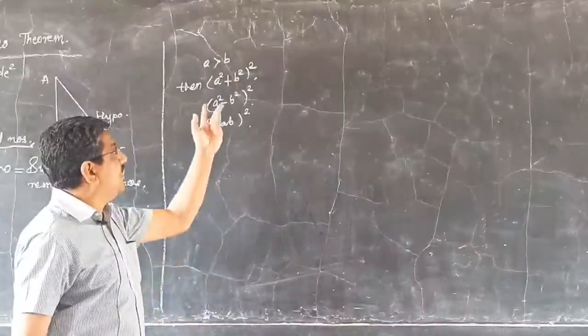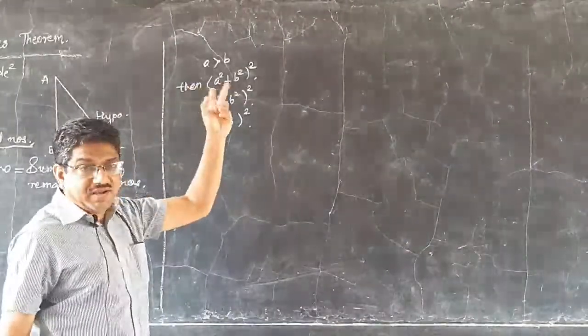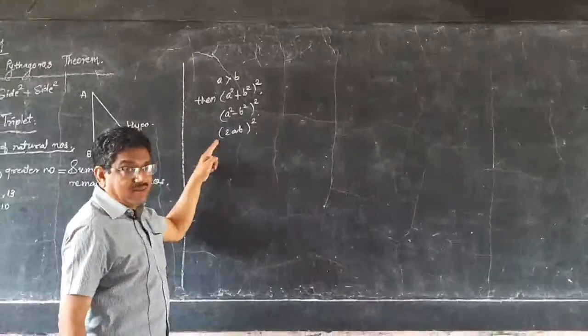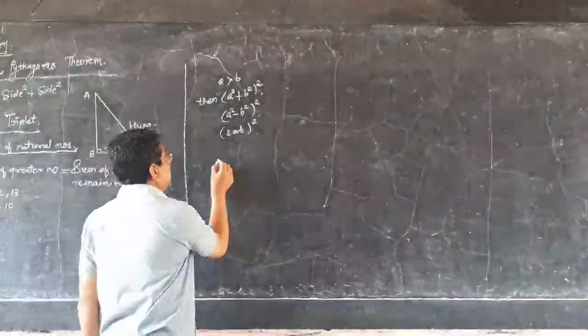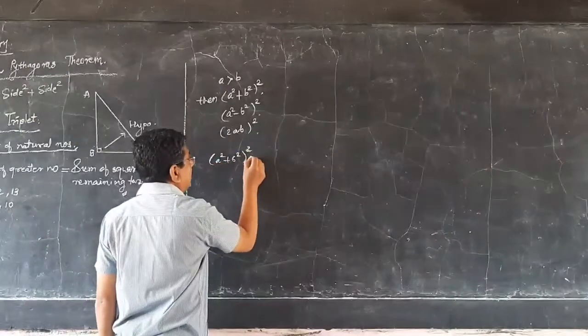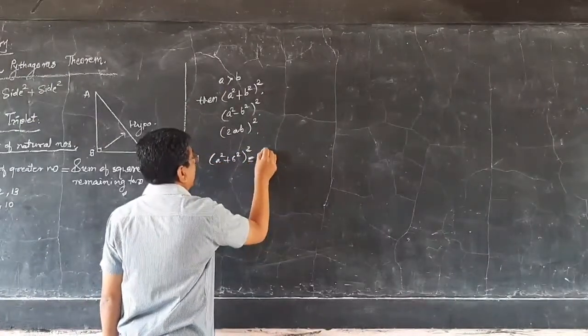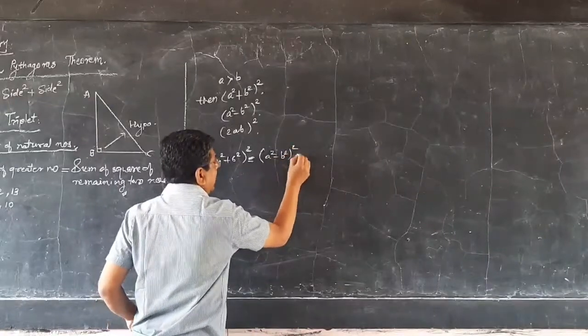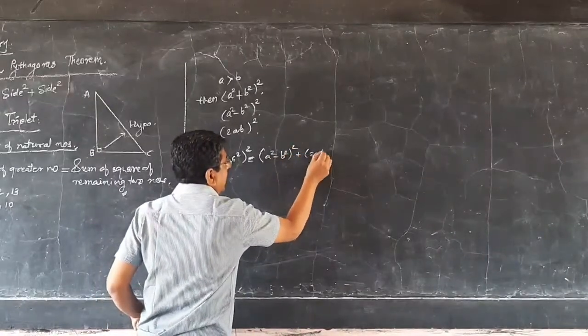Then you can use any value of A and B, and by using this formula, A square plus B square, its square, is equal to A square minus B square, its square, plus 2AB, its square.